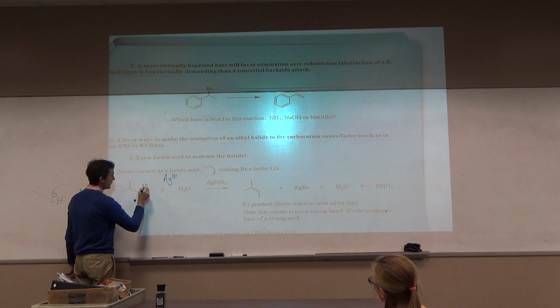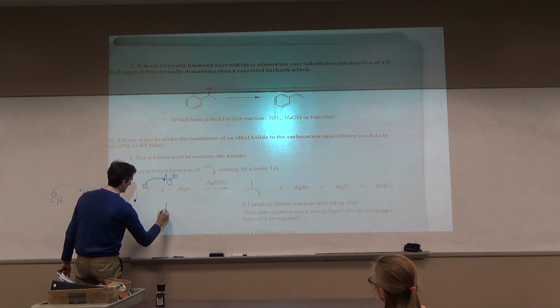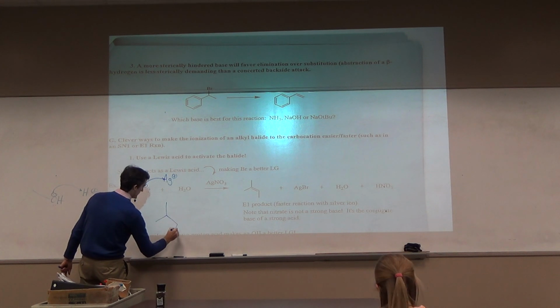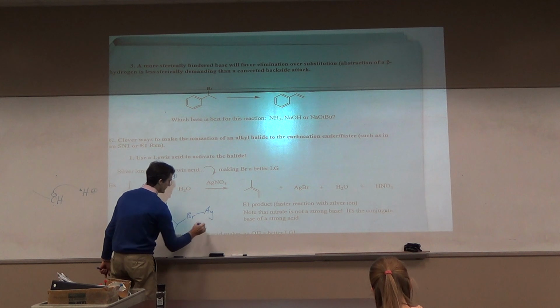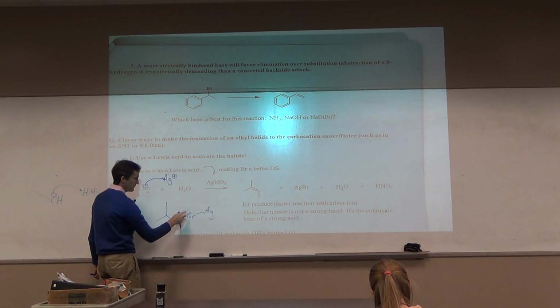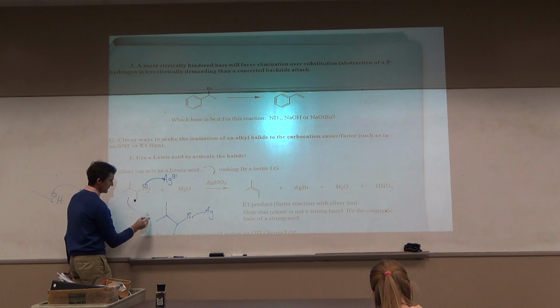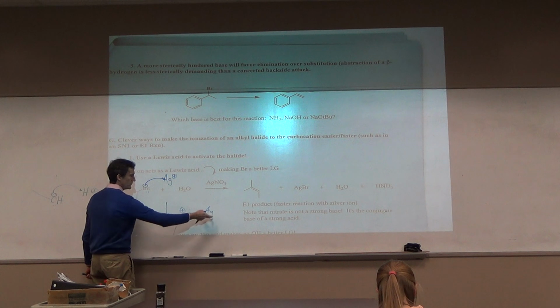Now we could show this sort of the same way, like this, and that's going to give bromine now coordinated to the silver, 2 lone pairs left. The other one became bonding pair. The bromine now has what charge? Bromine is now positive. Silver is now neutral.